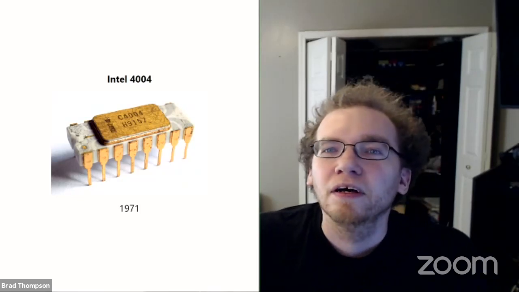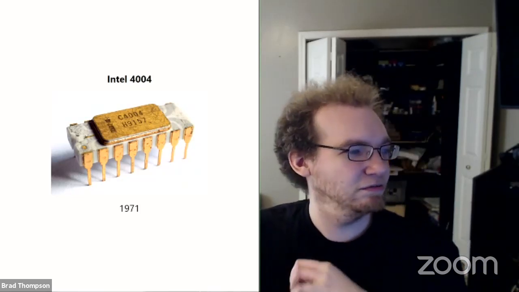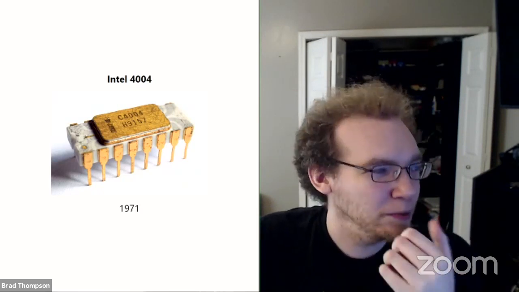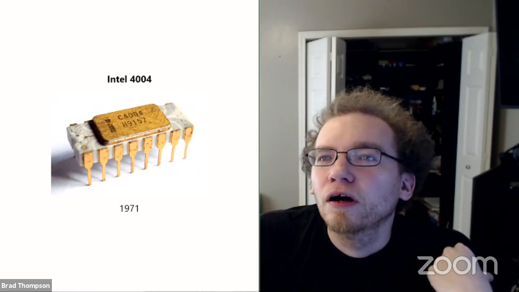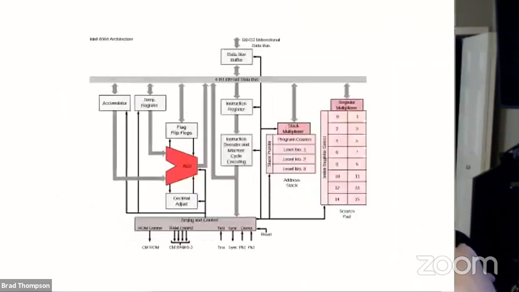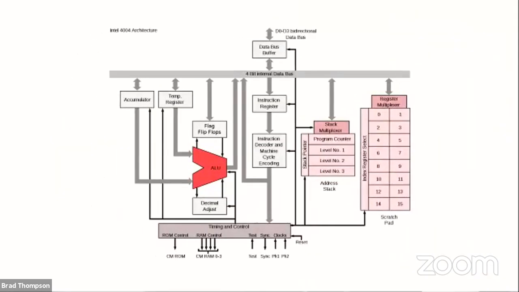But this was really the first self-contained computer in a sense, right? Then we can actually go look at the structure inside it, how it all works, which should look fairly familiar, kind of similar to the circuit that we've been building in a sense.